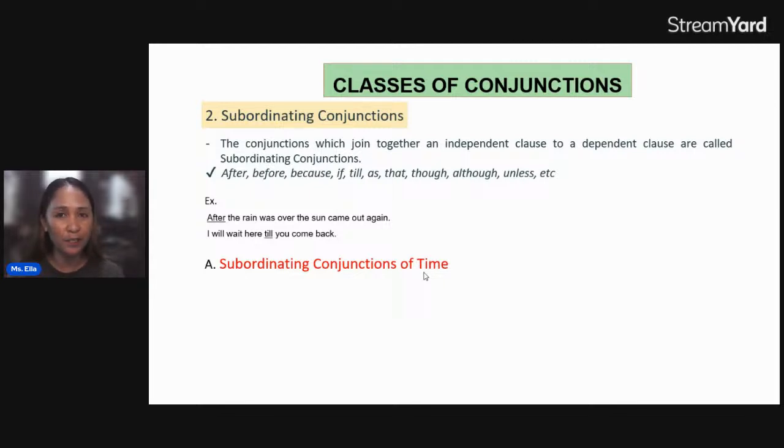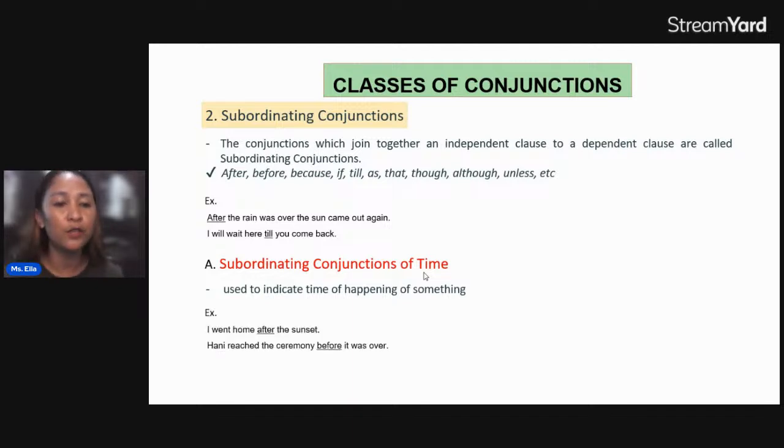We have the first, subordinating conjunctions of time. Subordinating conjunctions of time are used to indicate the time of happening of something. For example, "I went home after the sunset."